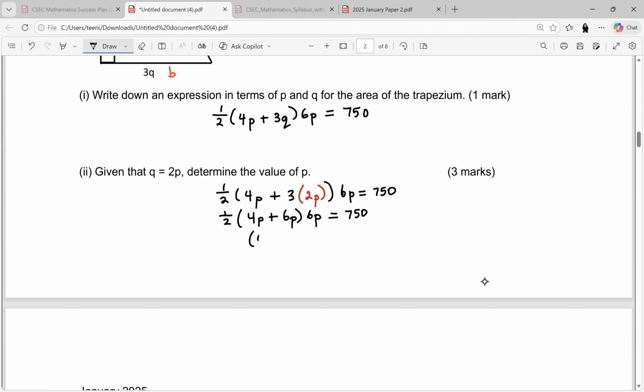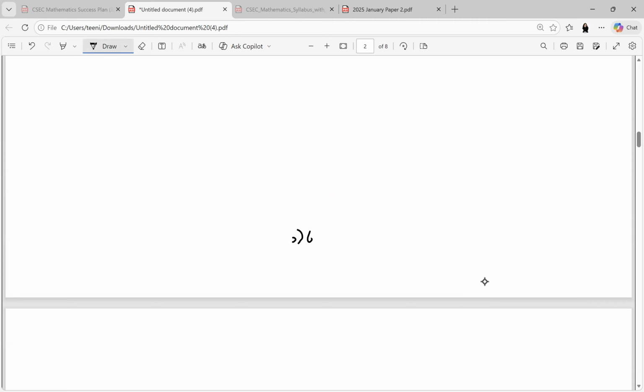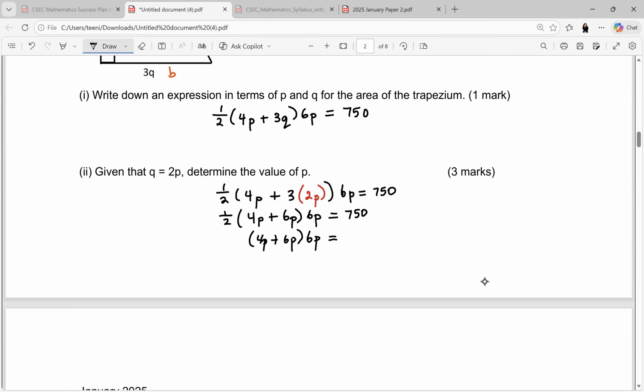So I'm going to leave this as 4p plus 6p times 6p is equal to 750 times 2. I'm literally just writing out all these steps. You don't have to write out every single step, even though I do recommend it. All right, let's simplify here. So 4p plus 6p is 10p. 10p times 6p is equal to 750 times 2, which is 1500.